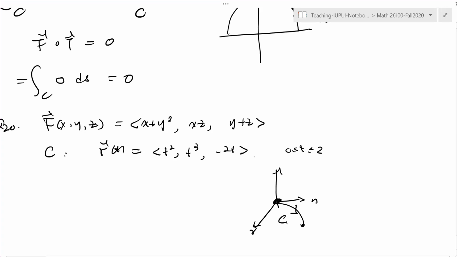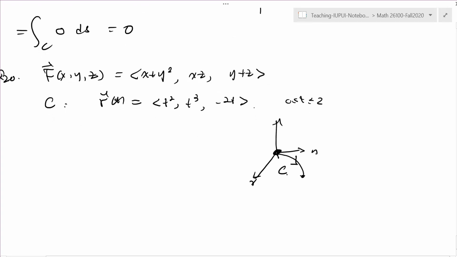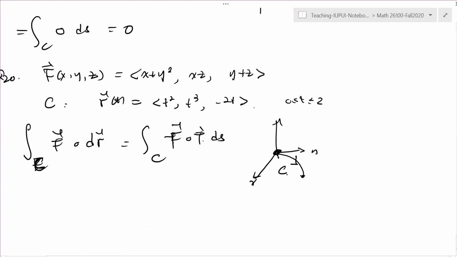We want to evaluate the integral of f dot dr, which is the same notation as f dot T ds, where T is the unit tangent vector and ds is arclength.